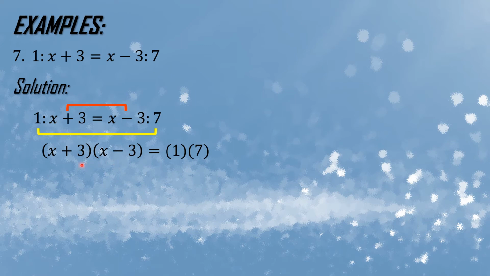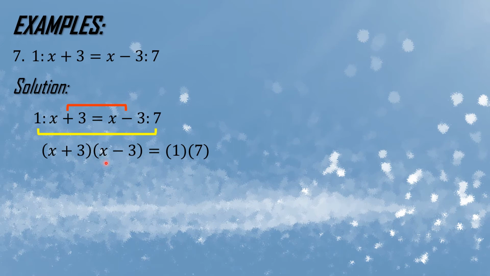Kapag may nakita kayong dalawang term sa loob ng isang pair ng parentheses, which is yung open and close parentheses, ang gagawin po natin dito is multiplication of two binomials. Kapag sinabing binomial, merong dalawang term sa isang expression. So, dito meron tayong dalawang terms, which is the first term is x and the second term is positive 3.